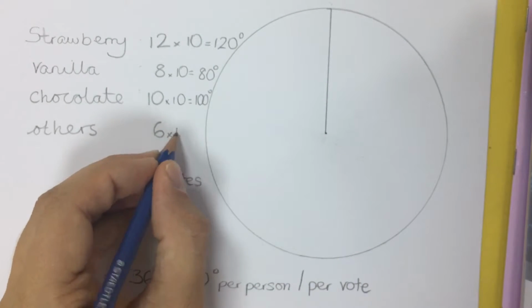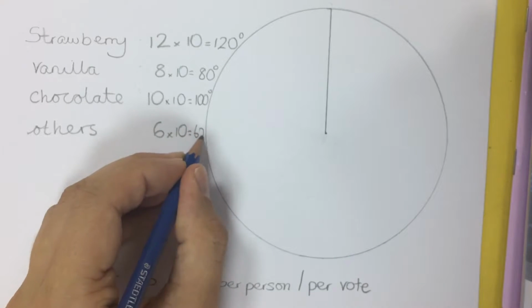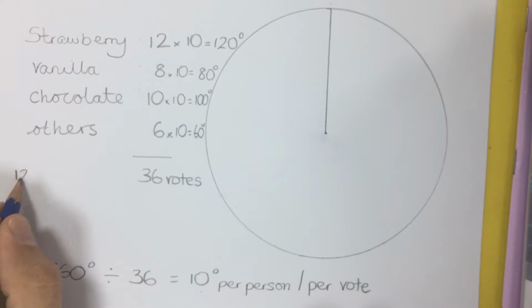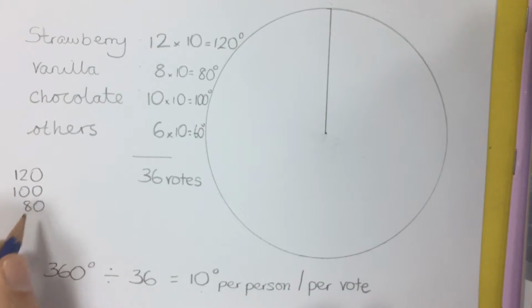And others is going to get 60 degrees on this chart. And if I did a quick side sum of all of those degrees, I would hope to get 360 degrees. So I know that all the maths here is correct.